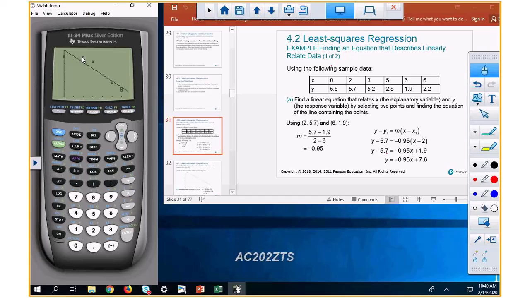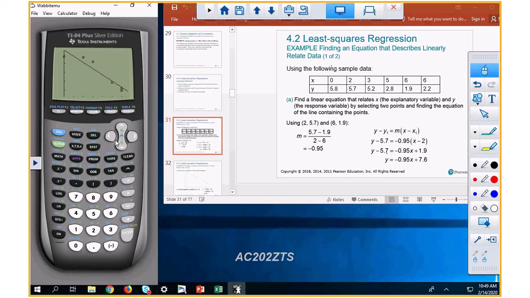Or you could pick this point and maybe this point and get a guesstimate. But the main thing you're getting when you pick 2 points is whether the slope is positive or negative. And if you know that the slope is positive or negative, you know what the correlation is. So use your algebra to guesstimate, and then use your technology to pinpoint that line.